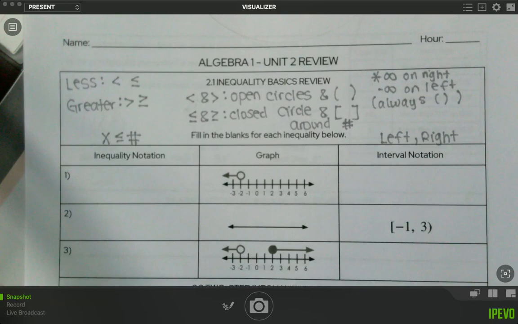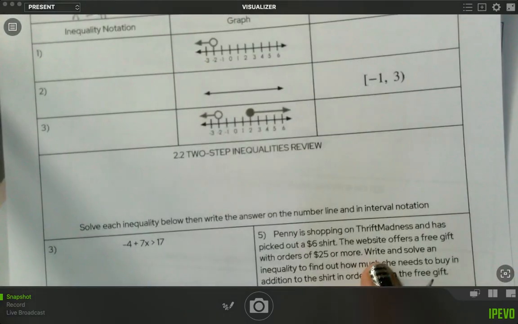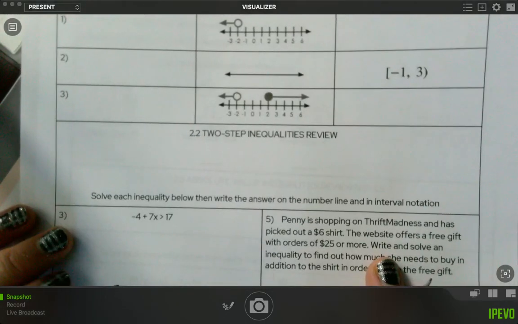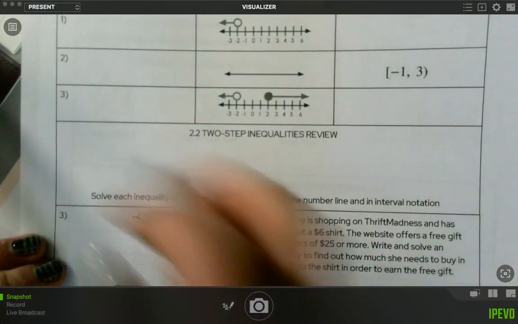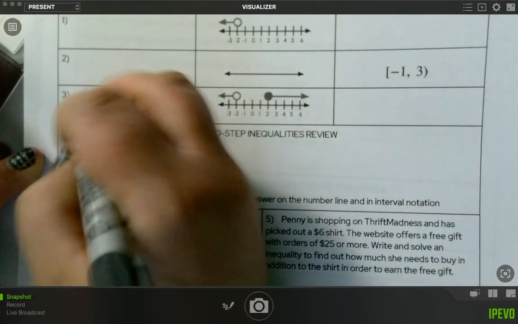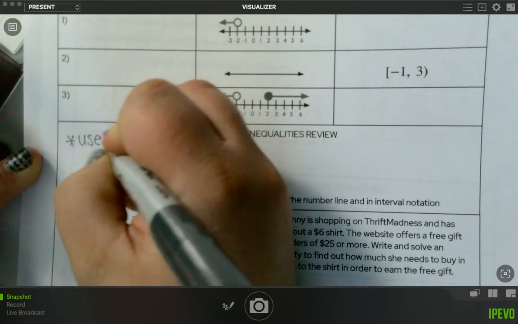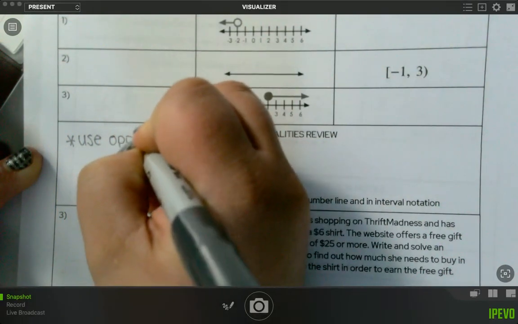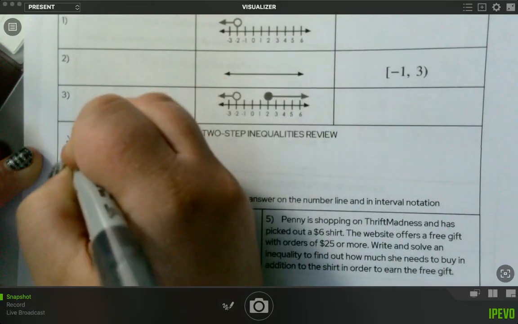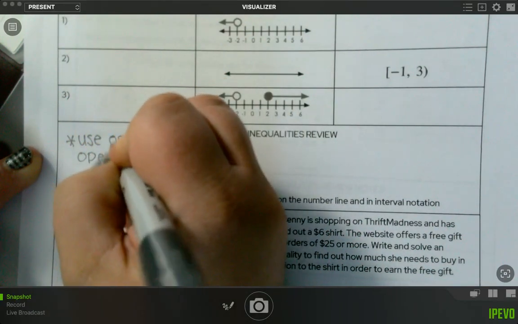Moving on to two-step inequalities. These work just like two-step equations did, but we're doing the opposite order of operations. So we're going to use opposite operations.